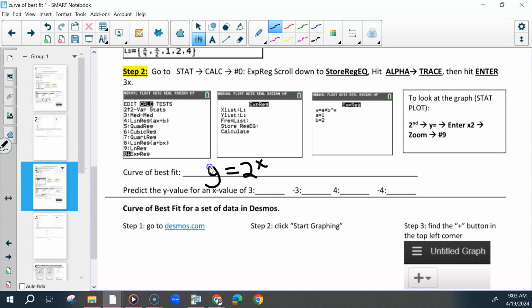Did you find one of those y values? James, did you find one of those y values? Put it in the table, find one of the y values.